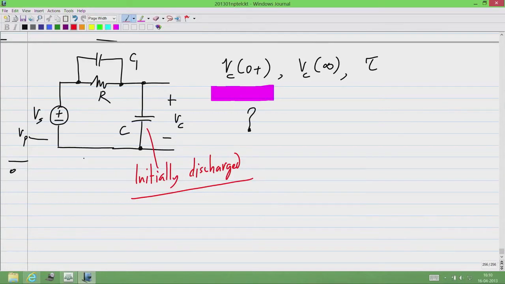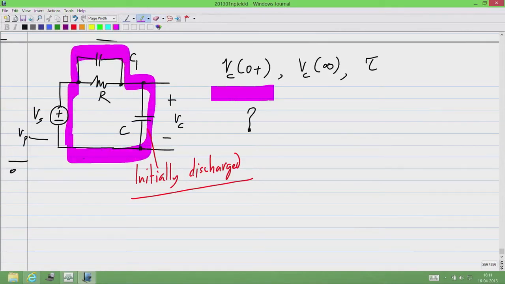Now, the problem is that there is a loop of voltage source and these two capacitors.